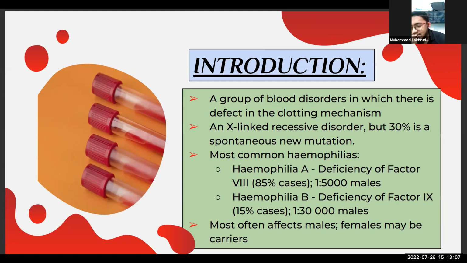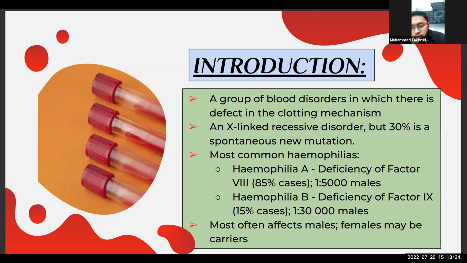Okay. So under normal condition, I mean without any trauma or any injury, the procoagulant pathway will not activate to avoid blood clotting. In normal condition, the anticoagulant will activate to maintain the vascular system.